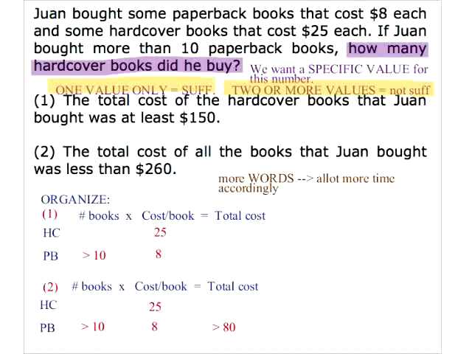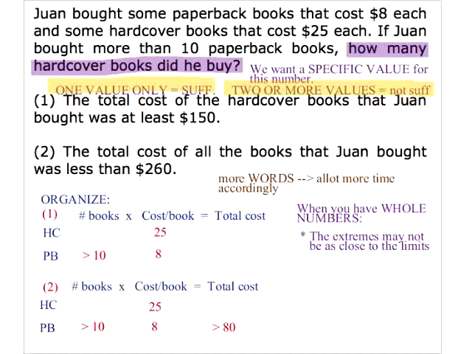When you have whole numbers, the first thing is that the extremes may not be as close to the limits. For example, 88 is not that close to 80. But more importantly, you can't just do algebra. You actually have to spell out the cases.